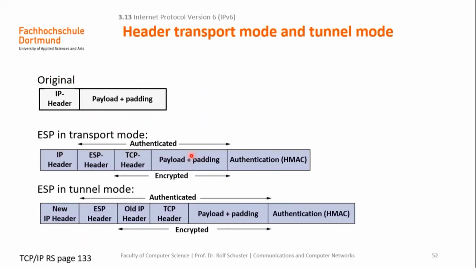In this illustration, we could see that in the original IP datagram with payload and header, in the transport mode, the IP header is transferred in clear text, but only the payload is encrypted. All this is encrypted, and this is the information added in the header of the ESP extension.